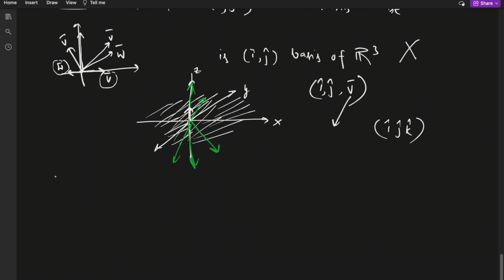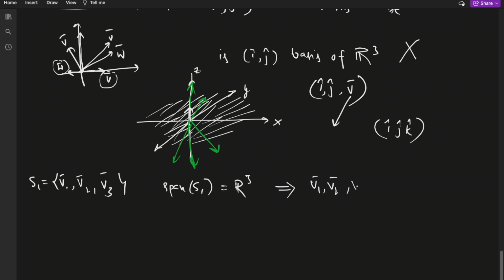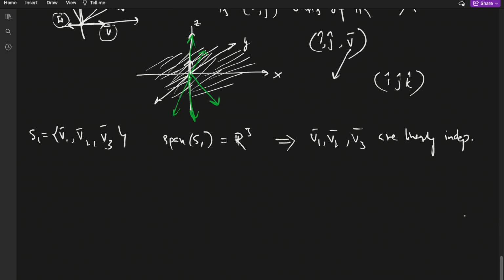Let us suppose I have given you three vectors v1, v2, and v3, and this is a set S1, and I am saying that the span of S1 is R cube. What does this imply? This implies that v1, v2, v3 are linearly independent.